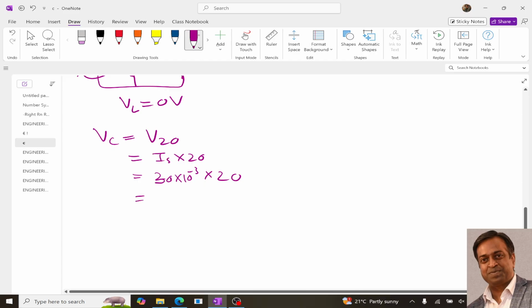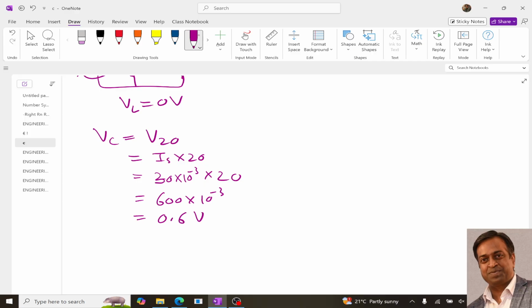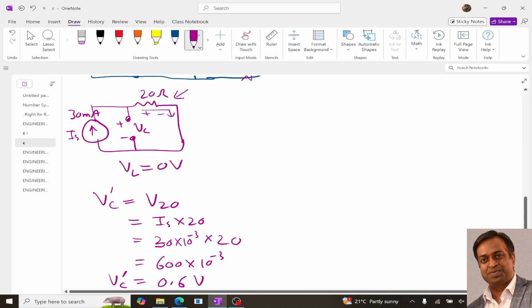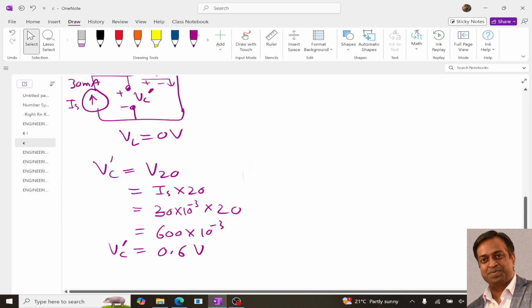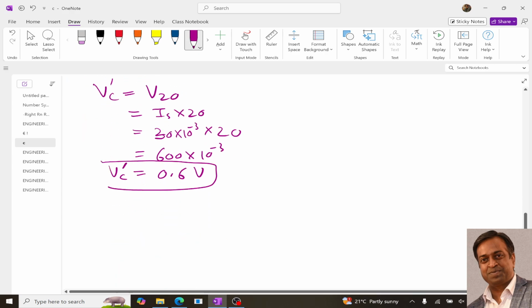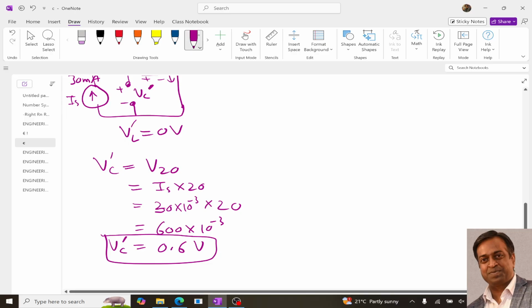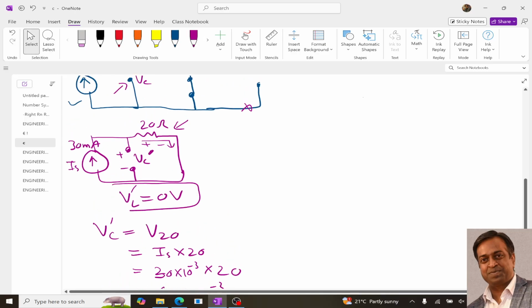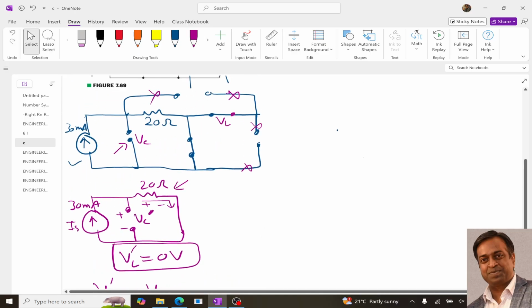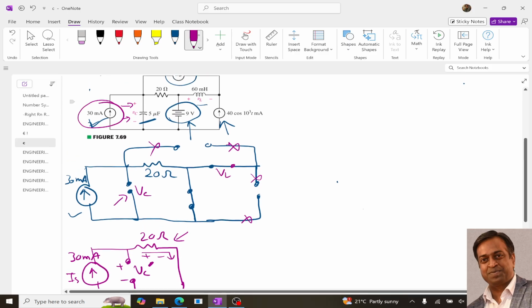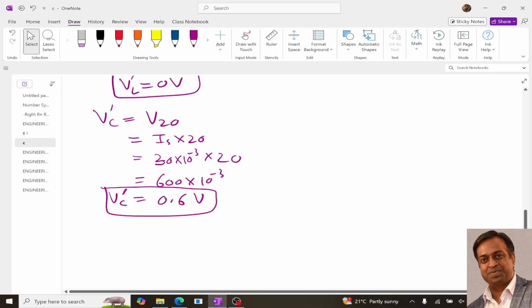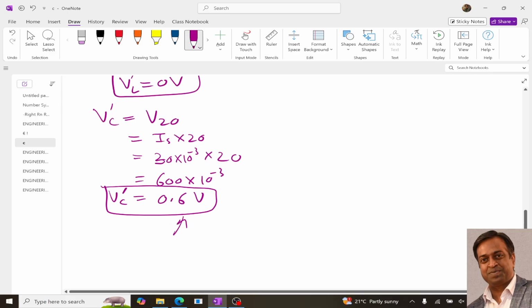If you solve, you will get 600 into 10 power minus 3, means it will be 0.6 volt. So this is VC dash, and our VL dash is 0 volt. So for this current source, VL dash is 0 and VC dash, the voltage across the capacitor, is 0.6 volt.